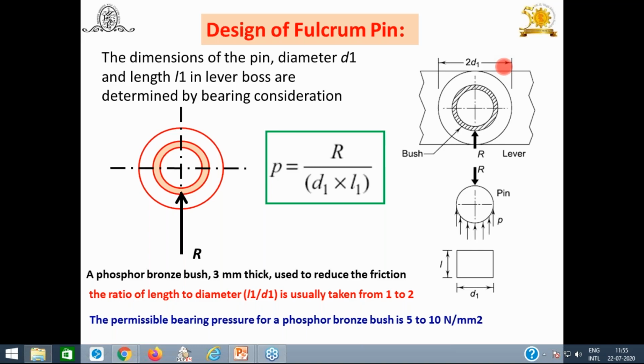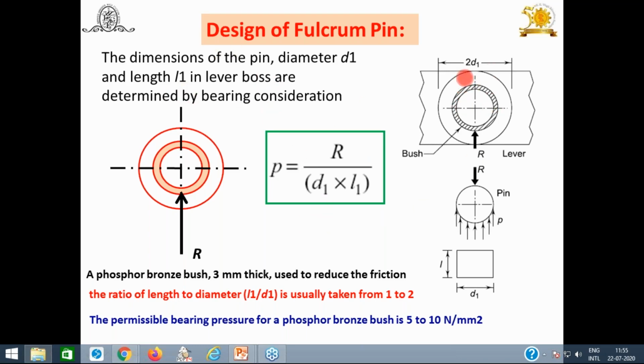So you will find pin failure, because we are designing the pin like a knuckle pin. The pin is going to fail because of shear stresses also. The second thing you have to do, along with this bearing pressure, is to look at this.